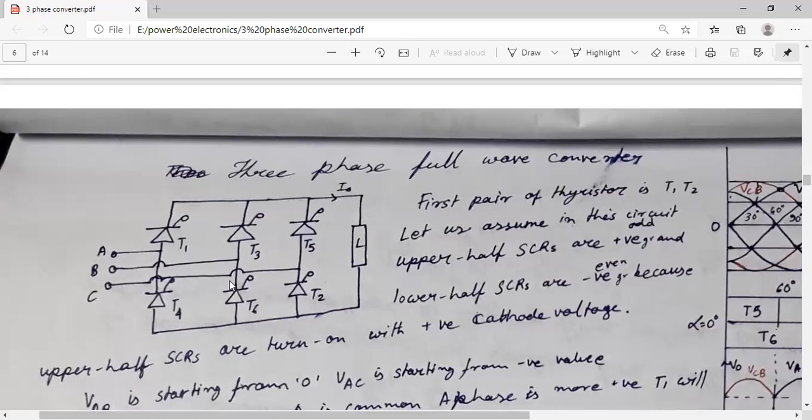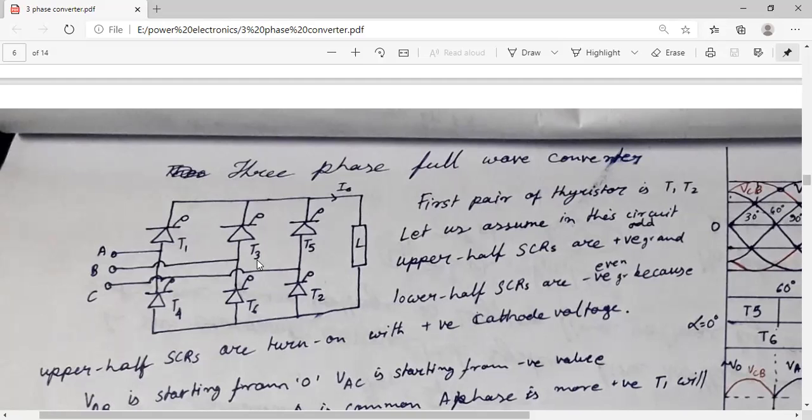The upper half SCRs are considered as positive group, and the lower half SCRs are considered as negative group SCR, because upper half SCRs are turned on with positive cathode voltage. Okay. So VAB is starting from 0 and VAC is starting from negative value.